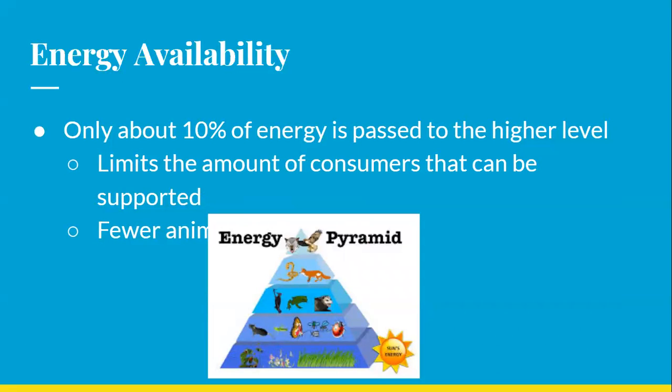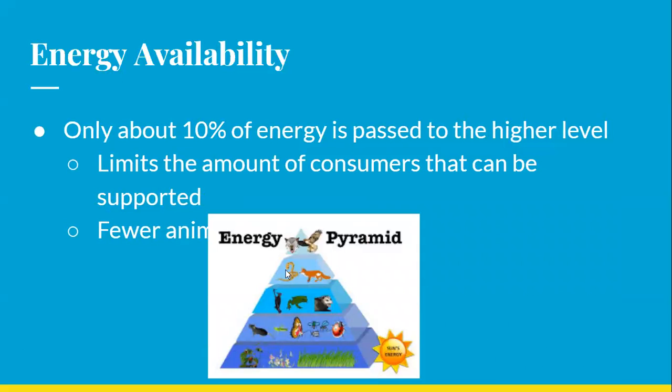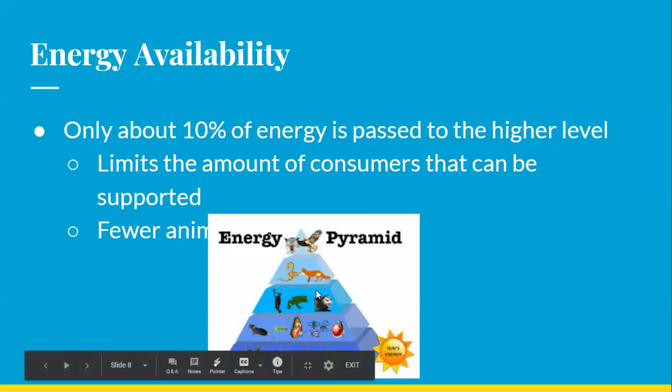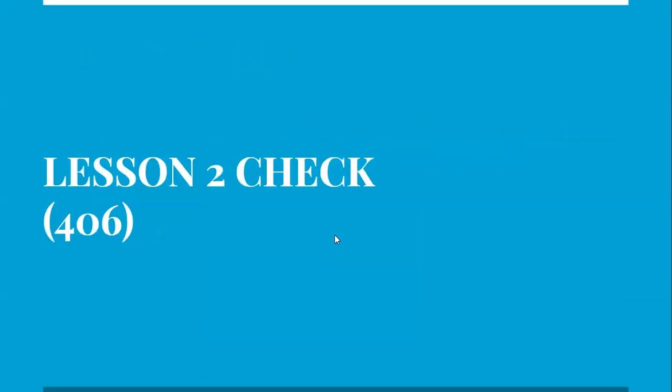So this greatly limits how many levels a food chain can have, as well as the organisms that can be supported at higher levels. If you see, there's only, in this case, 2 organisms on top of the energy pyramid. Same thing over here, we have these 2, we have these 3, so the higher you go, the fewer animals you are going to have because of the energy availability.